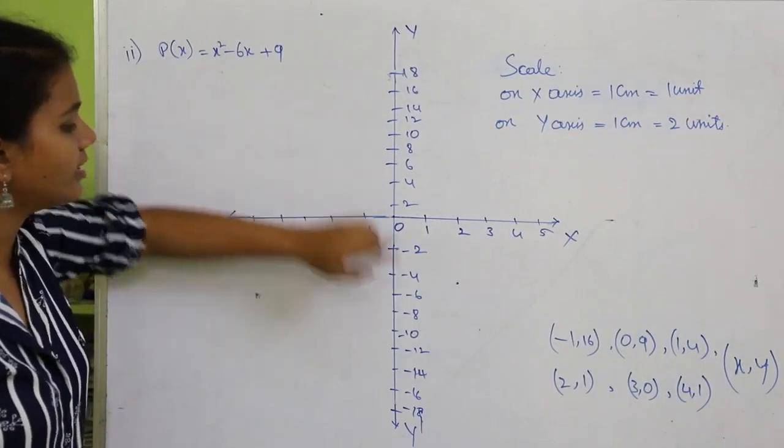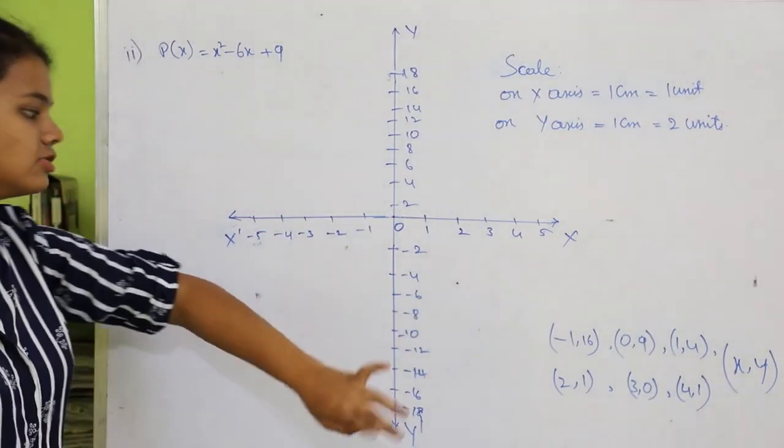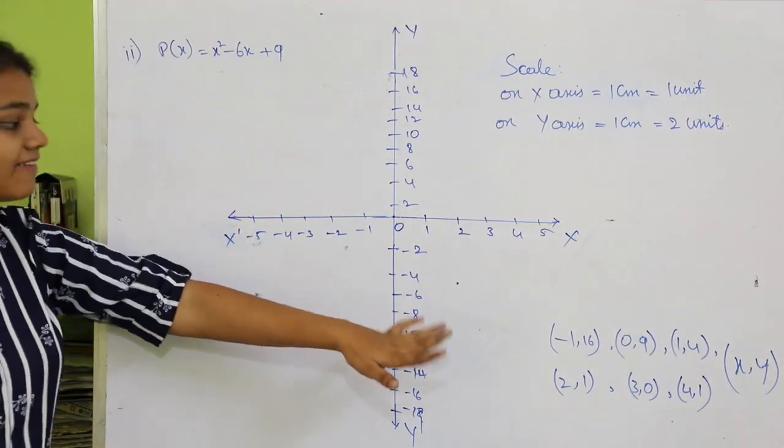Now here we have minus 1 comma 16, the first point, with x comma y values.